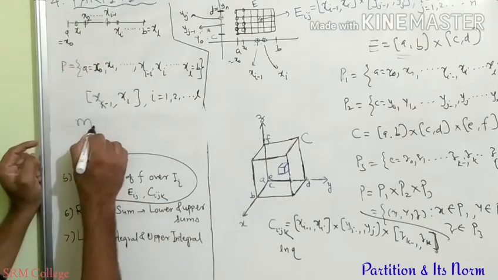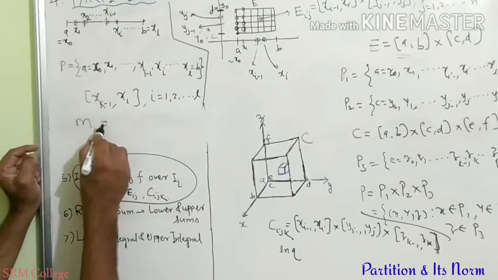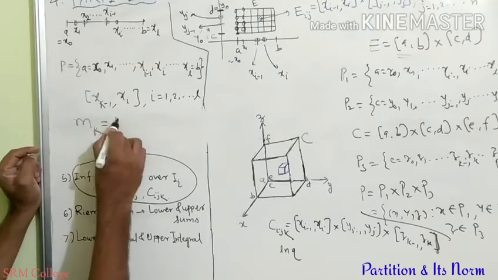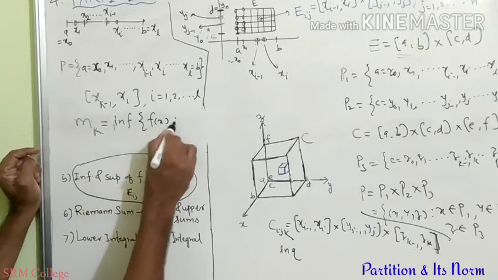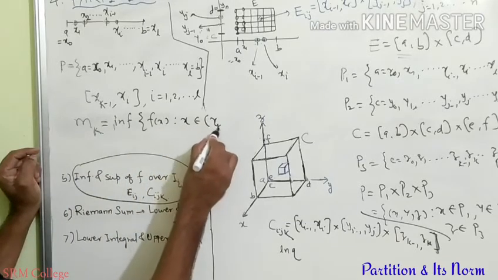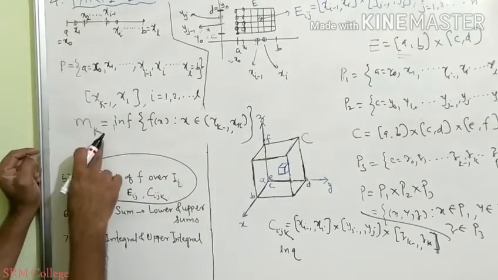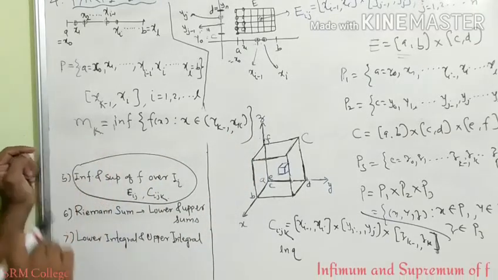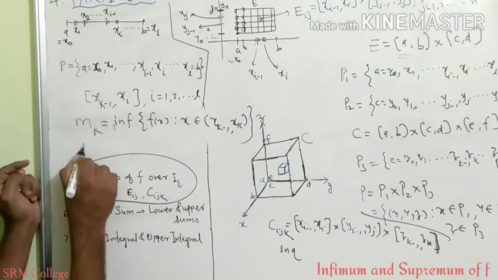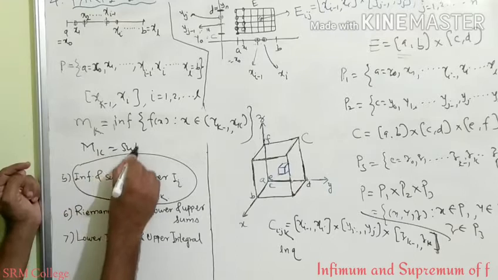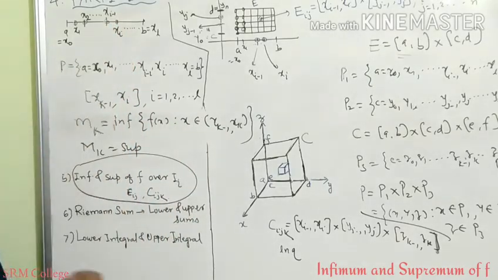Suppose this is small m_k. Small m_k is the infimum value of f(x) such that x belongs to [x_{k-1}, x_k], or [x_{i-1}, x_i], this is m_i, it doesn't matter. So this is the infimum value of f in the case of one variable, small m_k, and capital M_k is the supremum value of the function f on this kth subinterval, or this ith subinterval.